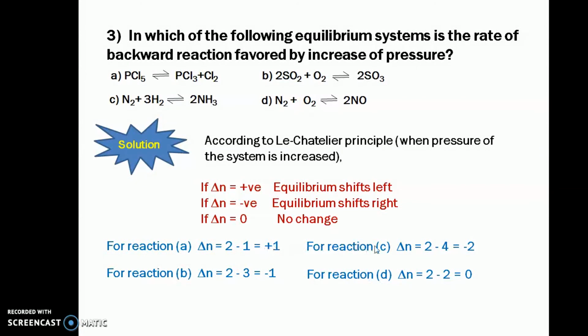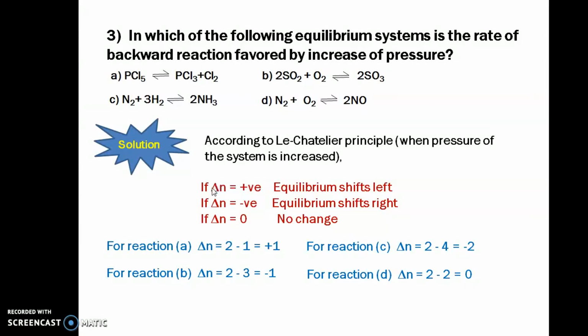Now, out of all these delta N values for the 4 reactions, look here: the first reaction delta N value is positive 1, delta N for the second reaction is negative, third reaction is also negative, fourth reaction is 0. So delta N for the first reaction is plus 1 here.